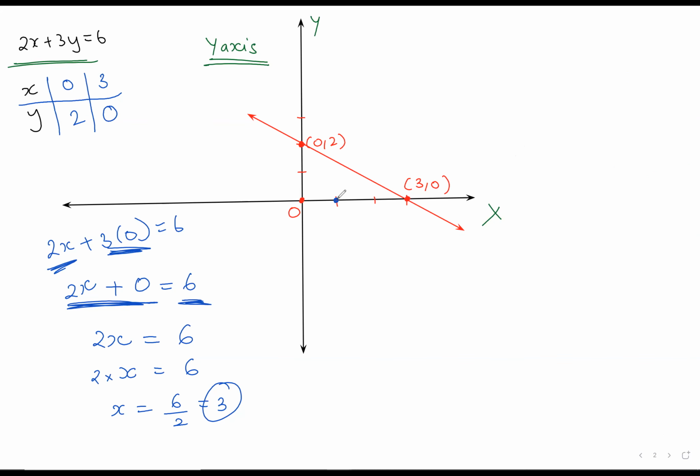What is this point? So this is, let's say, 1, this is 2, this is 3. 1, 2, 3. These are the markings. This is not the name of the point. It's just a marking. So Miraj, what is the name of this point? No, what are the coordinates of this point?